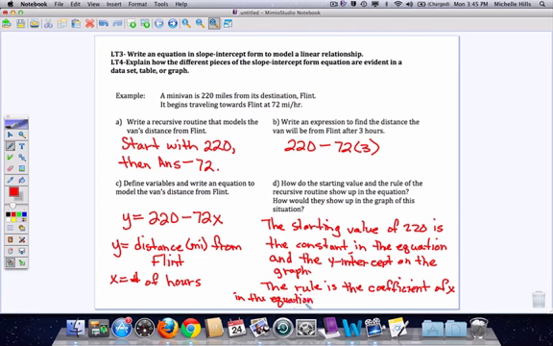Now it's the slope on the graph, but don't just say it's the slope, because somebody may not understand what that means. And on the graph it is the rise over run. Slope is the rise over the run. It tells me where my line goes after I plot my first point.